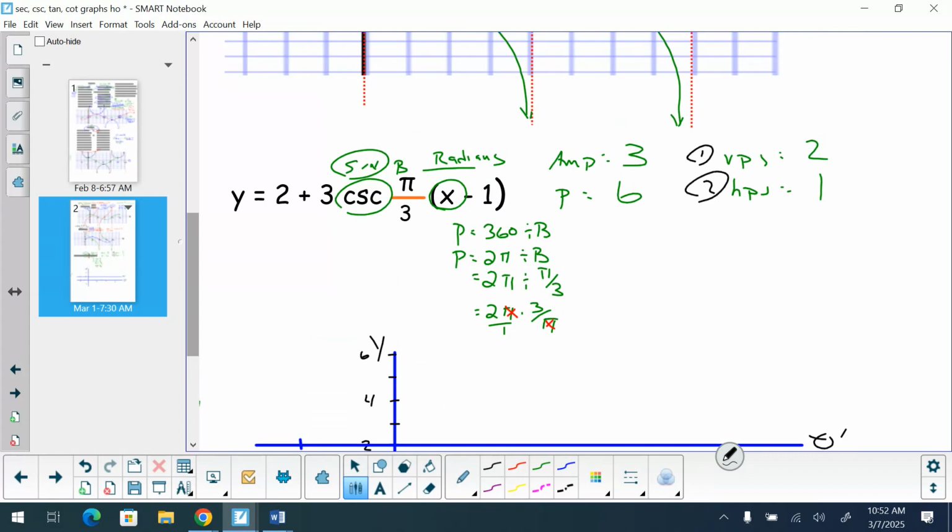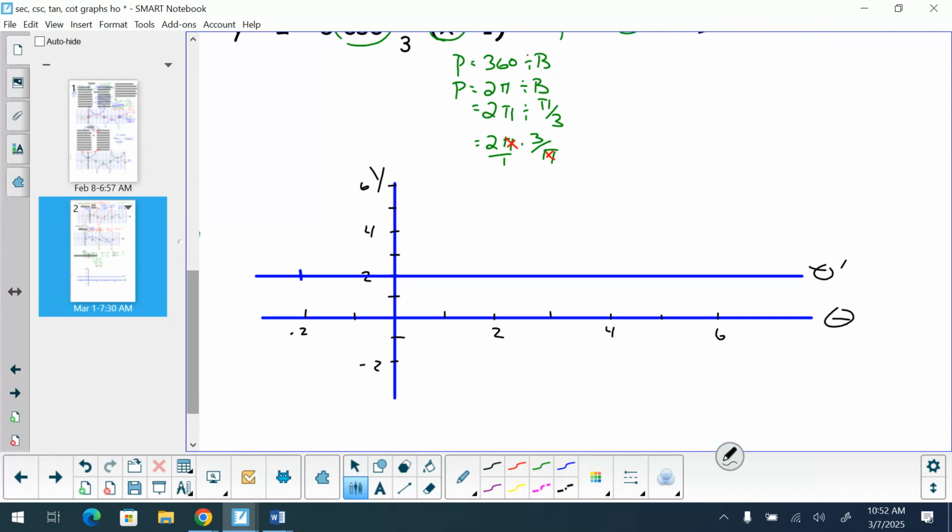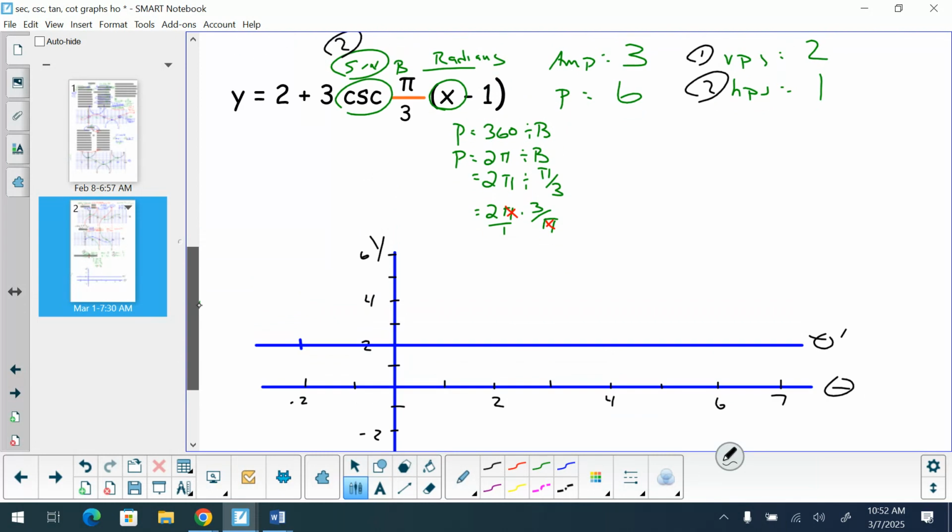Where do we start? Horizontal phase shift, trig function. I'm going to have to probably go up to 7 here. Start at a value of 1 on the prime axis because it's a sine curve.